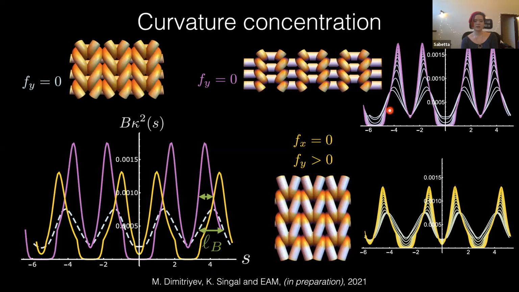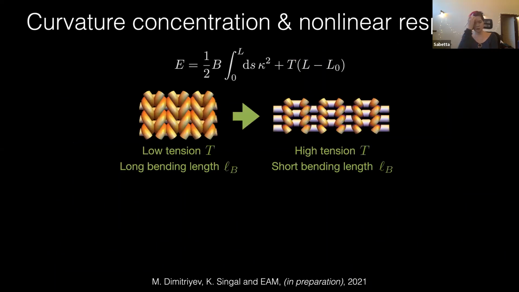Under high force, we get these peaks where all of the curvature is concentrated in these regions. So from that idea, we can introduce a bending length. That's just dimensional analysis: the square root of bending rigidity divided by yarn tension. So for low tension, we've got a large bending length. And for high tension, we have a low bending length.